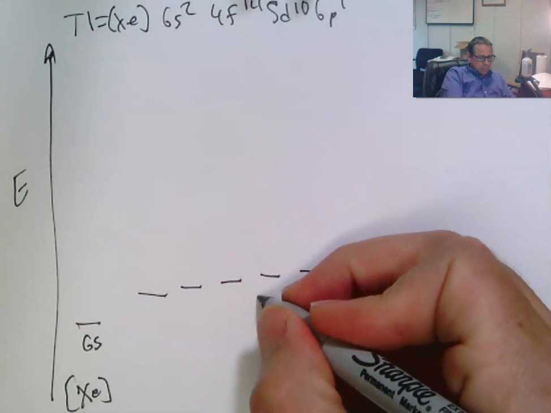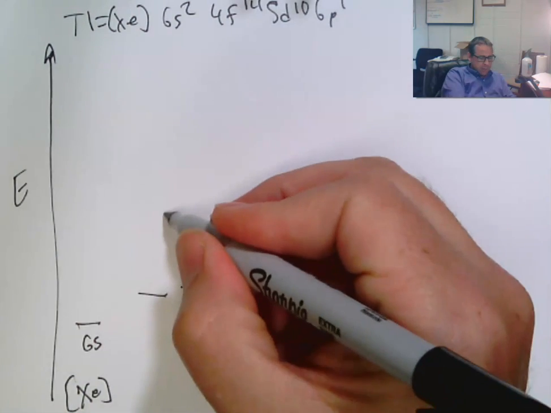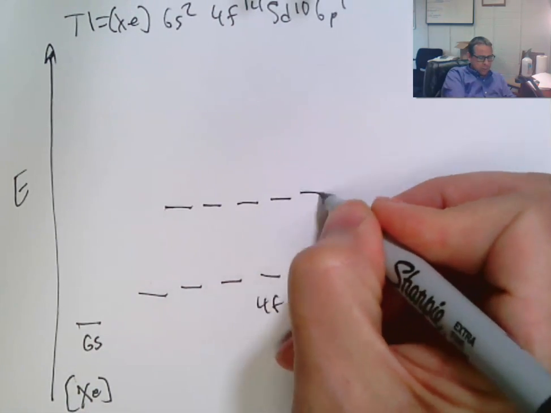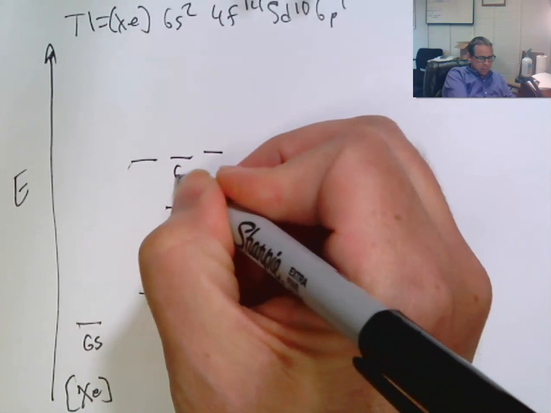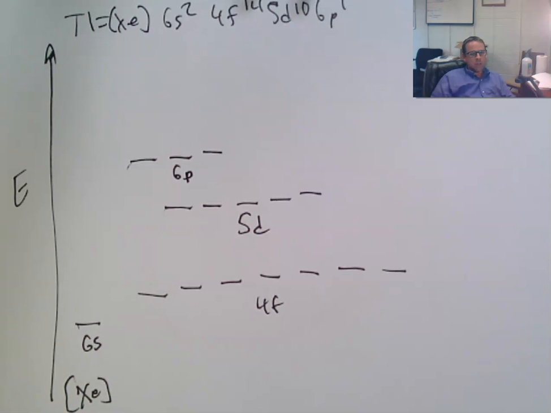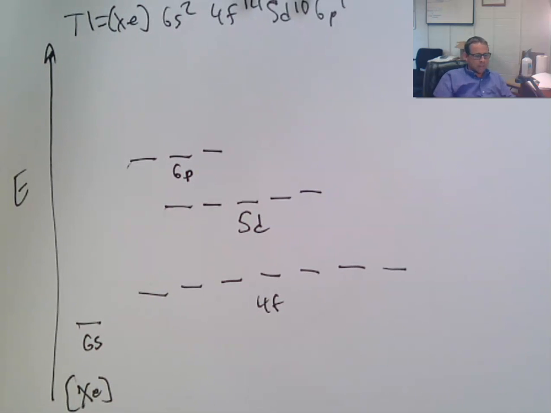Good. 4f, and then a 5d. 1, 2, 3, 4, 5. 5d, and then 6p. Okay. So we got, oh, did I make a mistake?